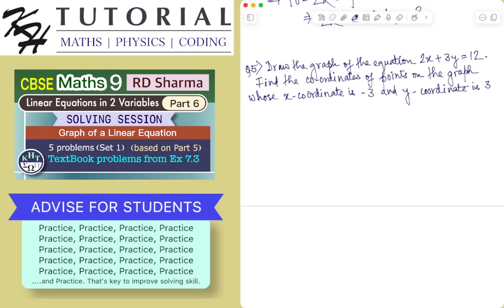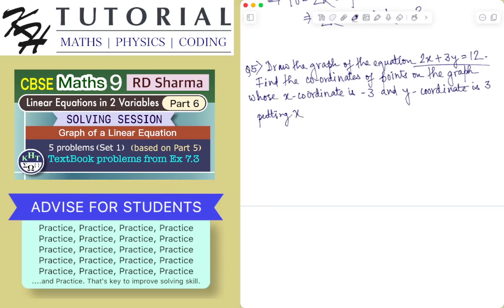So how do I find such two coordinates? How do I find two roots of the equation 2x + 3y = 12? It's simple. You take any value of x and solve for y. For the sake of easiness, I always tend to put the value of x as 0 and solve for y, and secondly I will put the value of y as 0 and solve for x.